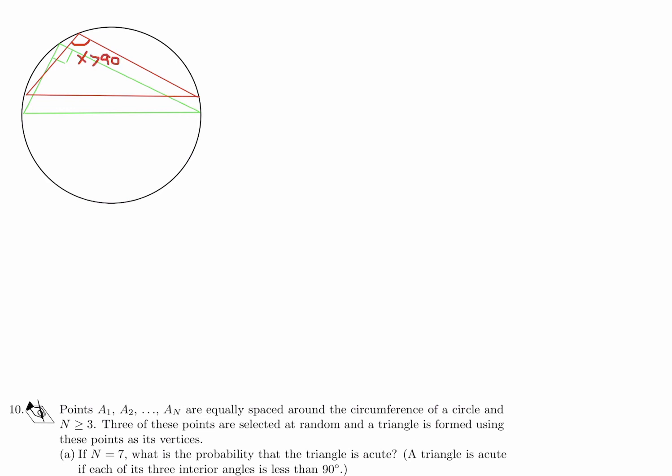It's not acute anymore. Okay? So that's very important to understand. In words, that means that if a triangle is inside a semicircle, that angle will be greater than 90 degrees. If a triangle is within a semicircle, the angle will be greater than 90 degrees.